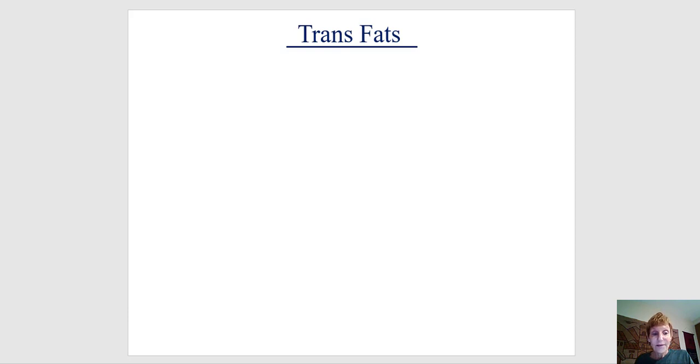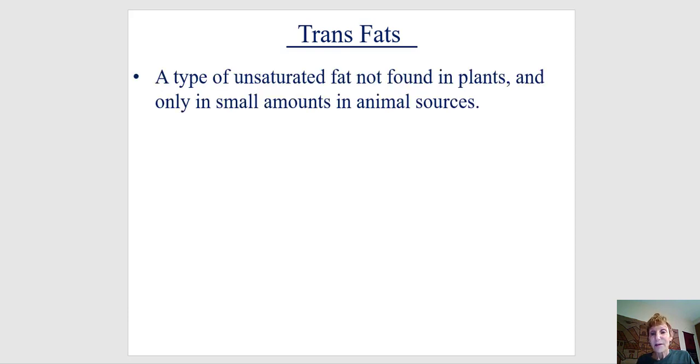So that's a type of unsaturated fat that's not found in plants but is found in very small amounts in animal sources. And it's usually not the animal source of trans fats that we're talking about when we're talking about the big problem with trans fats.